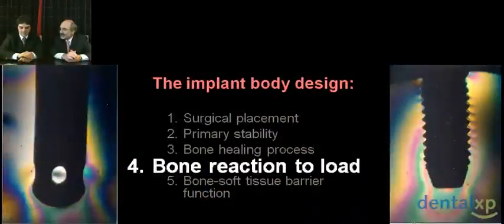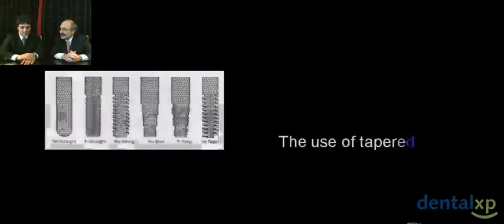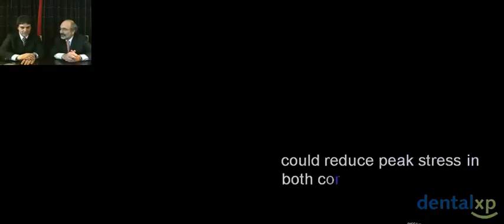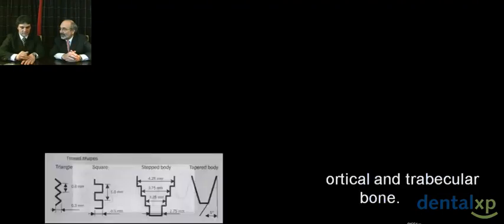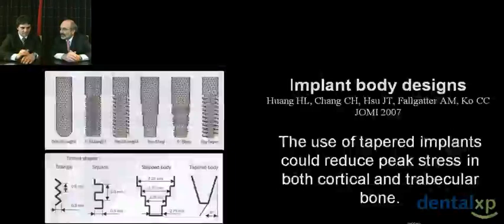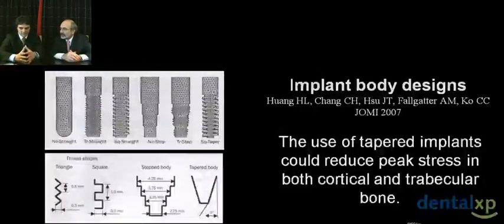So the next topic I would like to discuss with you is the bone reaction to the load based on the main body implant design. Because making a different shape of the implant, for example, a taper as compared to the straight wall design, does it make any difference from a biomechanical standpoint transferring the load from the implant to the bone? Of course it does.